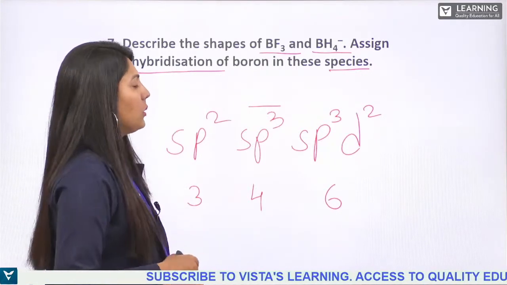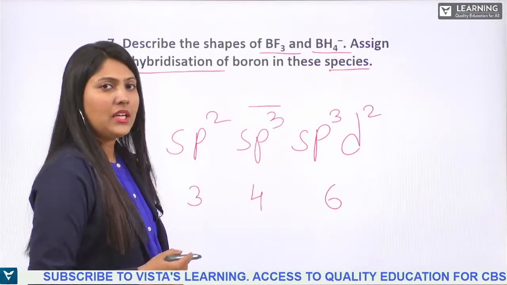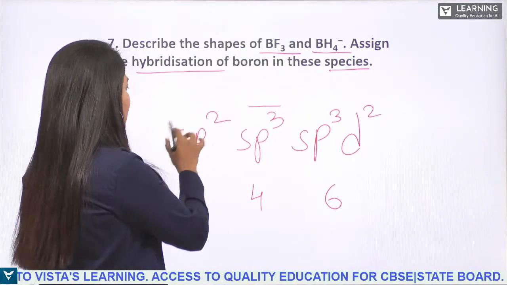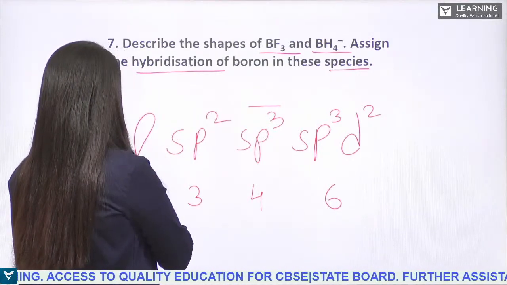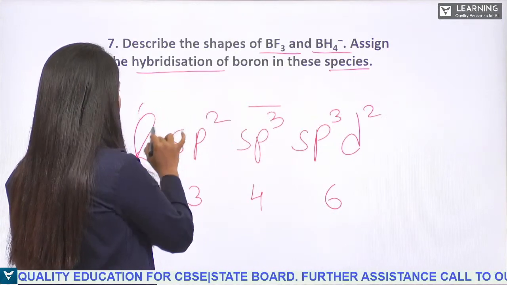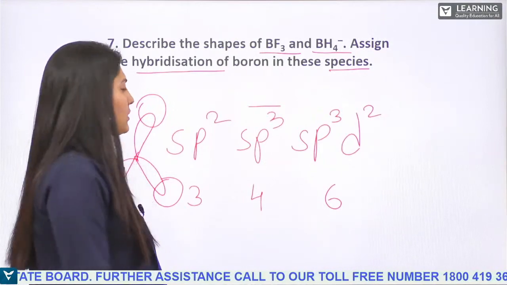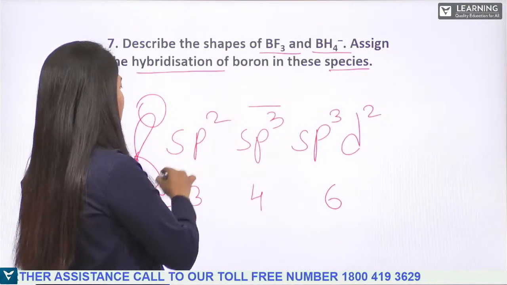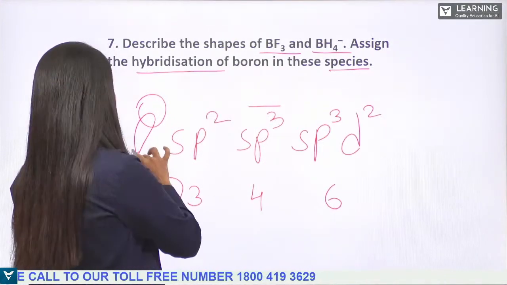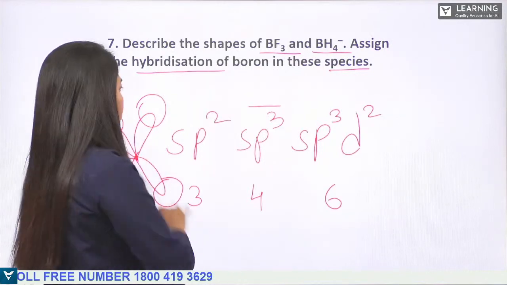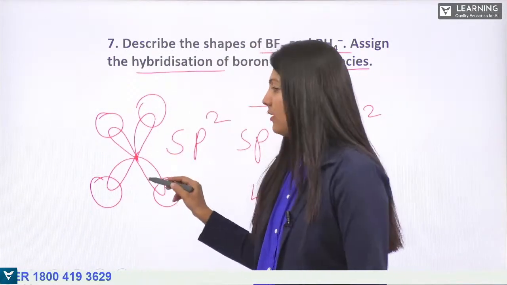Either it might be metal or non-metal, with the central atom there will be 3 ligands. As this one will be like this, only 3 ligands can attach to it. Got it? So you will get sp2 hybrid orbitals. sp3 means one more will be there, like this.